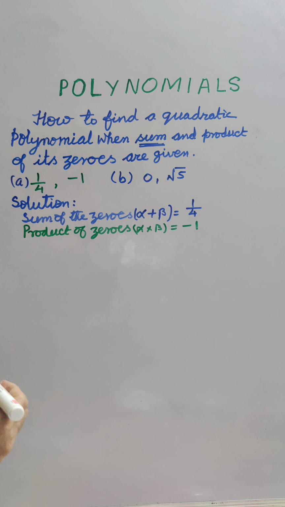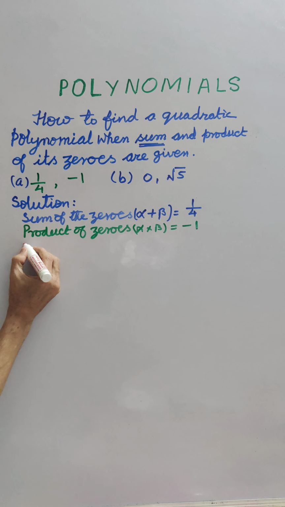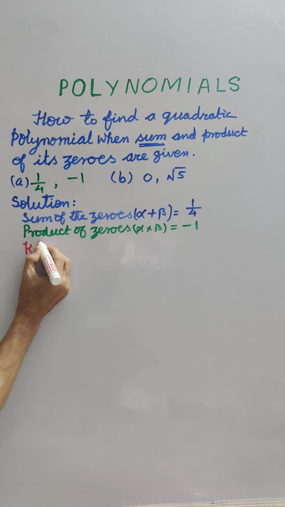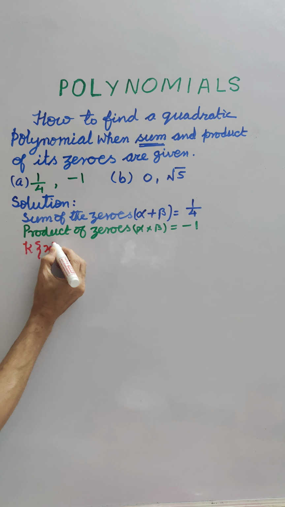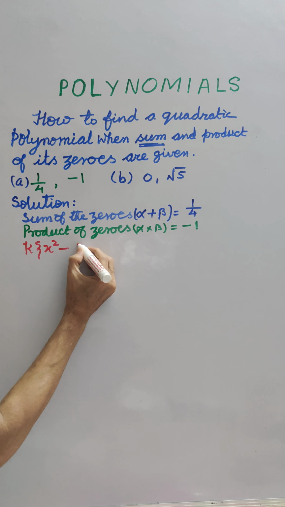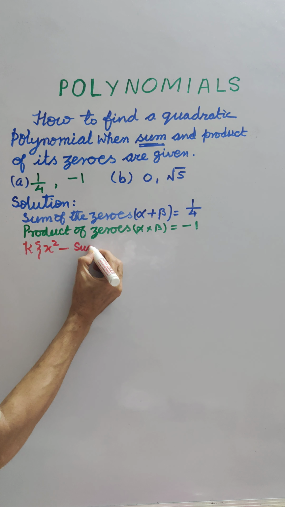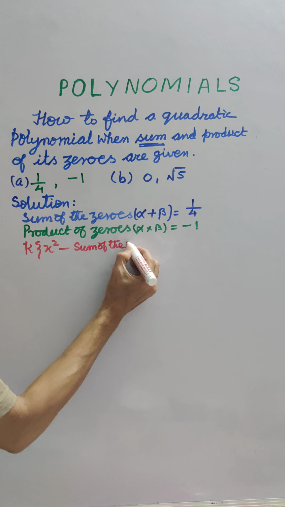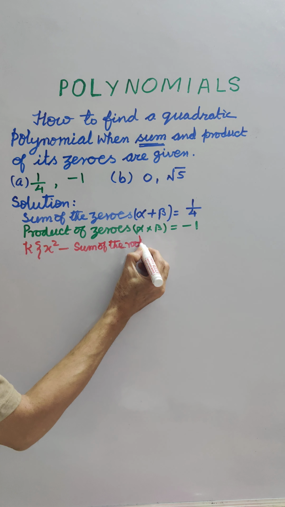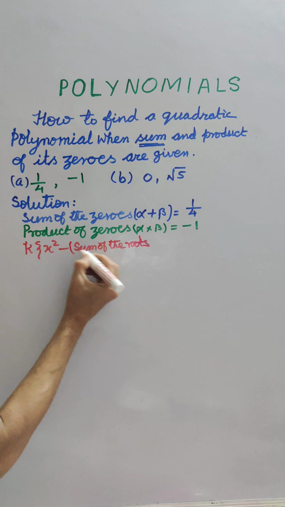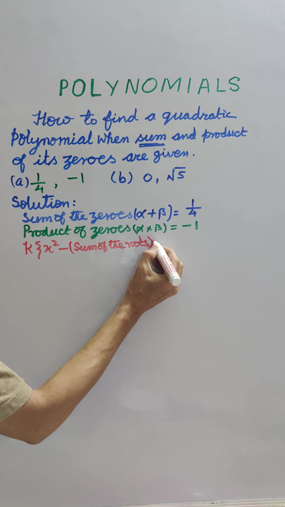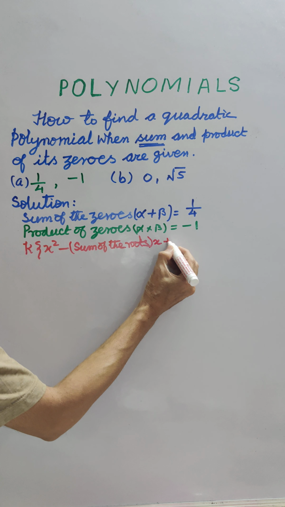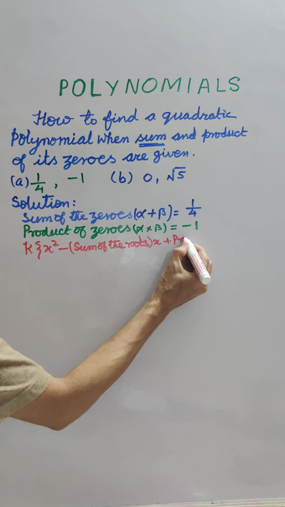Now, we have a formula, that is k into x square minus sum of the roots within bracket into x plus product of the roots.